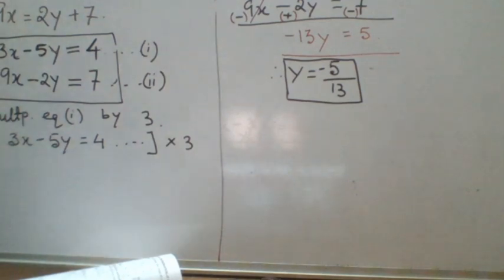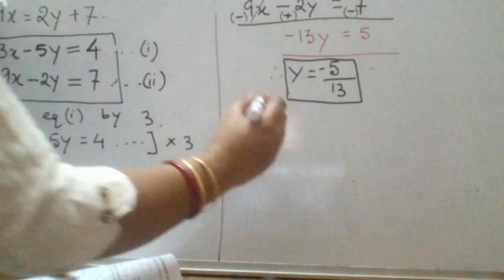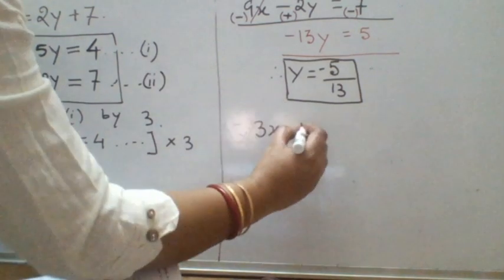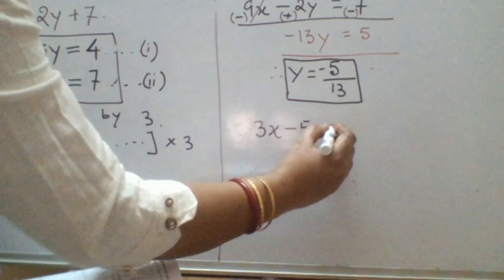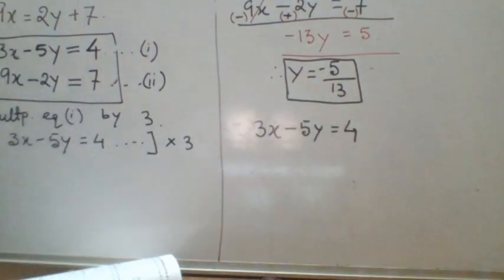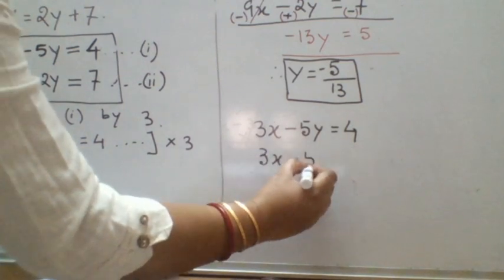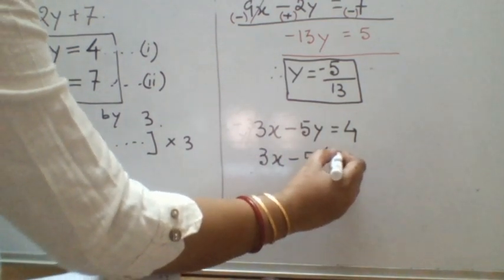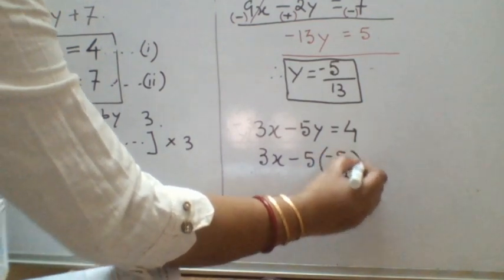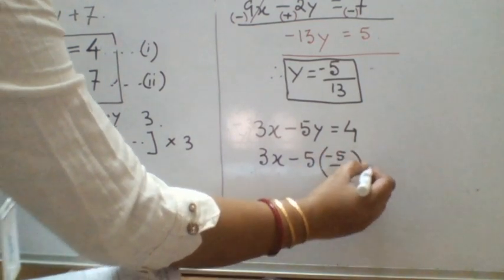Now we will find the value of the other variable. So for that, 3x minus 5y equal to 4, try to find the value. So this is 3x minus of 5 into minus of 5 upon 13 equal to 4.